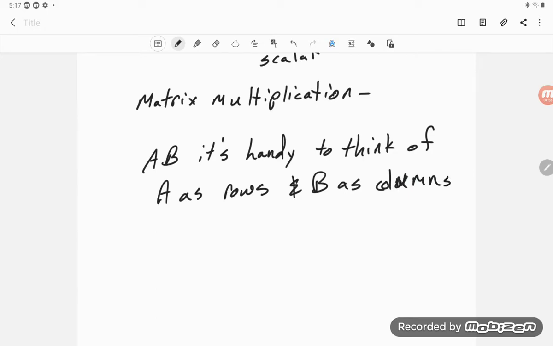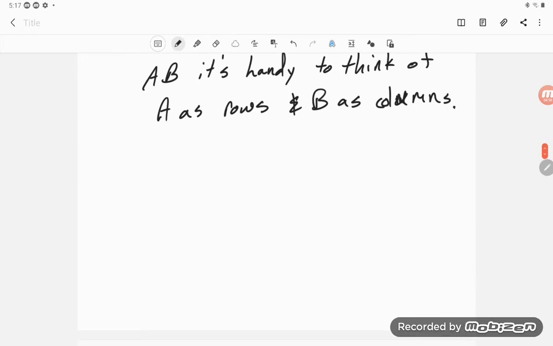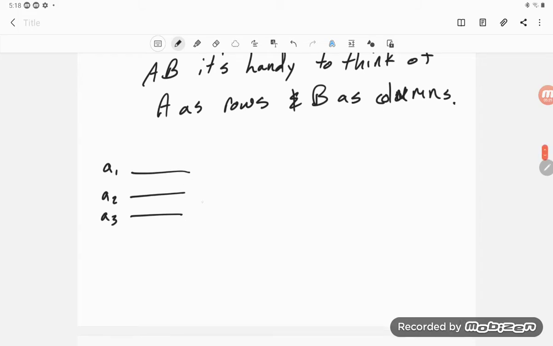Okay, and the reason is, for the definition, if I look at something like this, and I'm going to take A as rows, and let's say it has 3 rows. So I'm going to call this A1, A2, and A3, those rows. And I have 3 columns here.